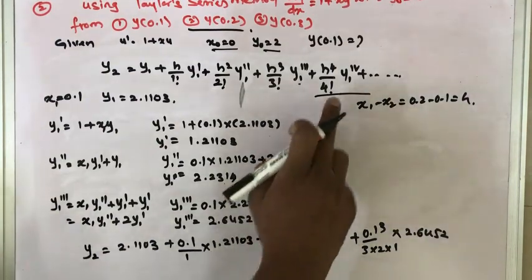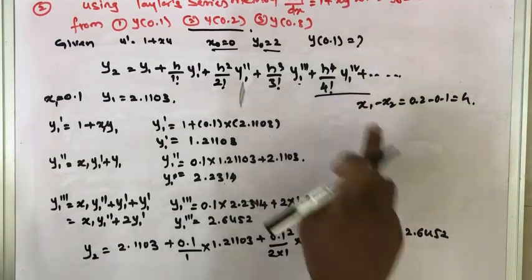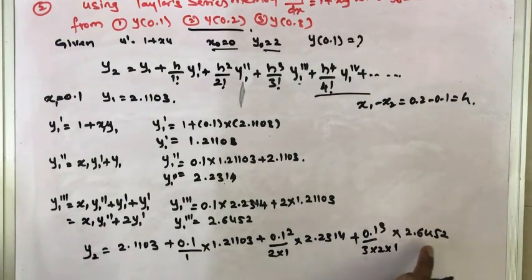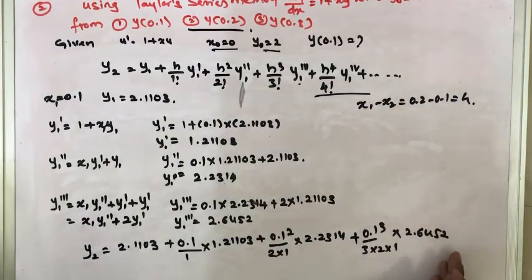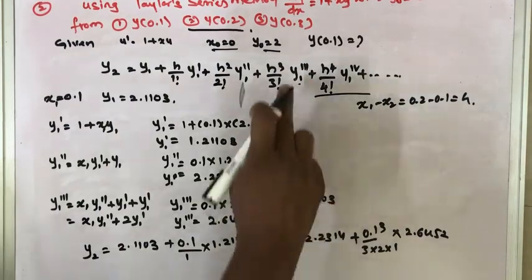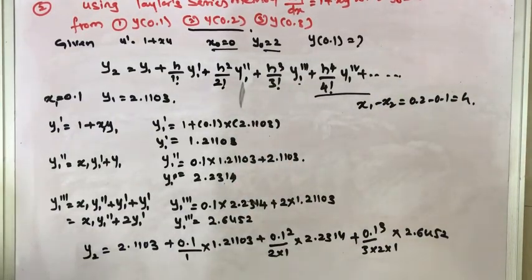See, even if I consider the y quadra dash, 0.1 raised to 4 into this value, again it will be a very small value, divided by 4 factorial, 4 into 3 into 2 into 1. So the value will be beyond the 4 decimal itself. So in this case, I'll stop up to the third differentiation.